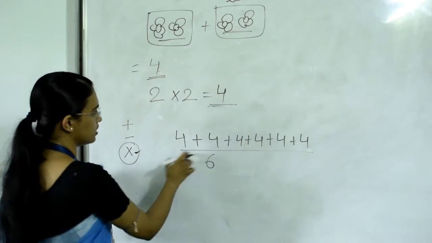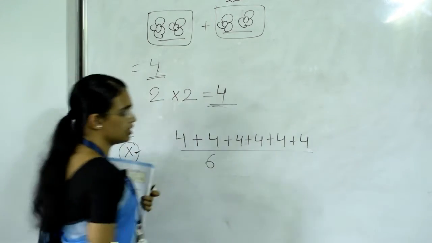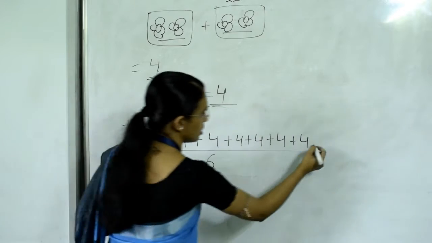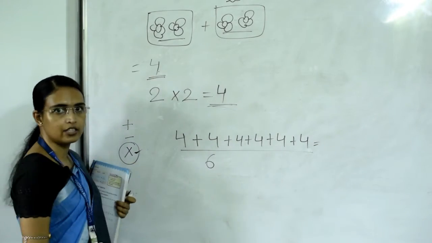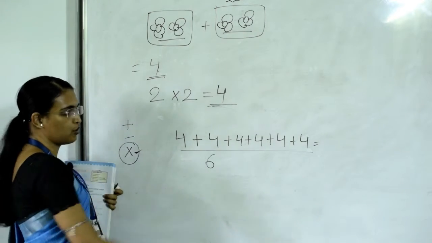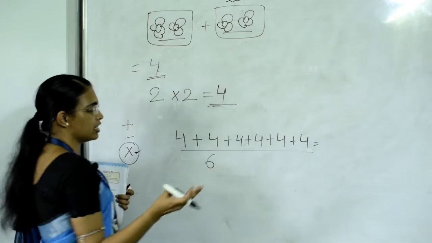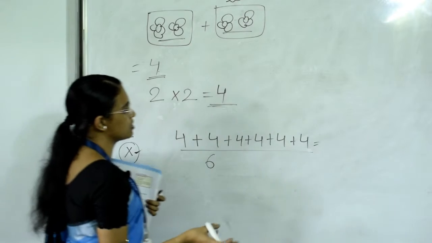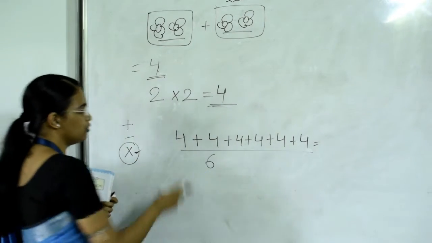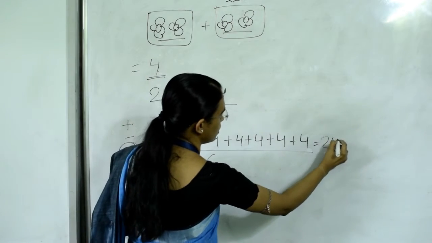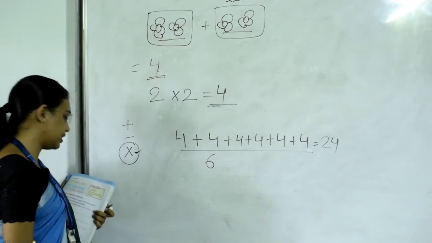Now, if you add all these 4s, what will be the answer? It will take too much time adding all these numbers, like 4 plus 4 is 8, then 12, 16, 20, 24. So altogether the answer is 24.